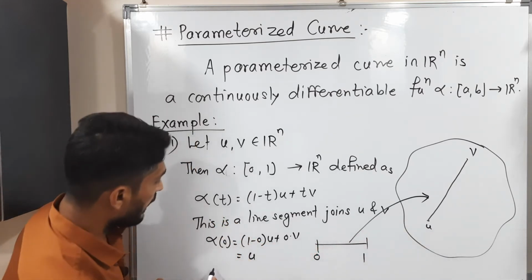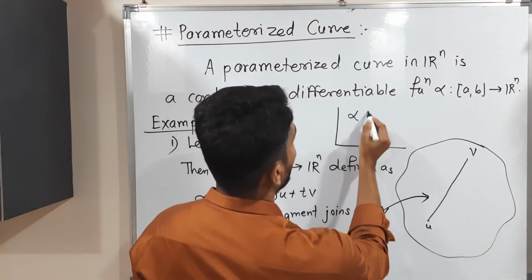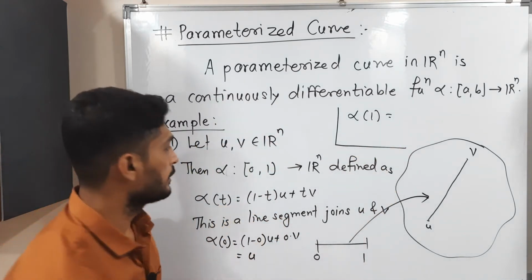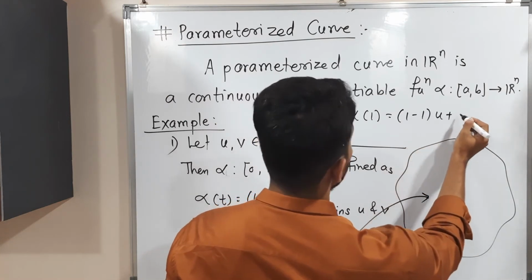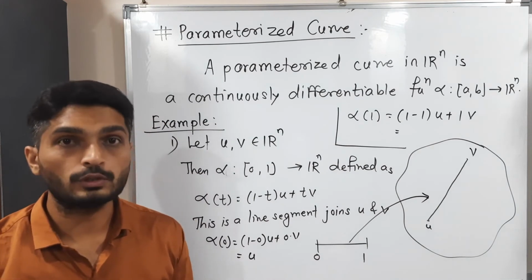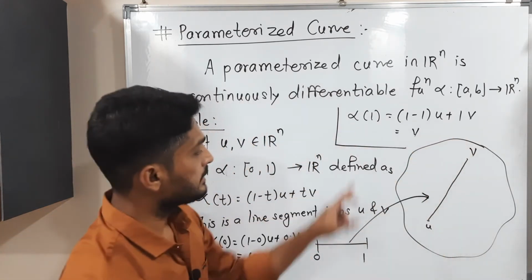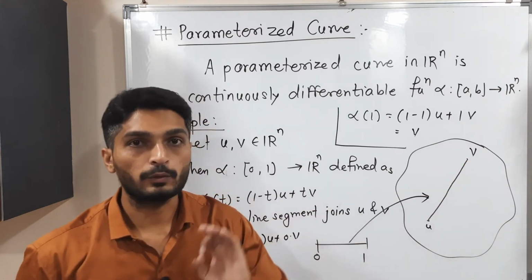And alpha of 1, so here I have to put t equal to 1. So what will happen? (1 minus 1)u plus 1 into v. 1 minus 1 is 0, 0 into u is 0, and 1 into v is v. That means at t equal to 1, we are at the end point v.